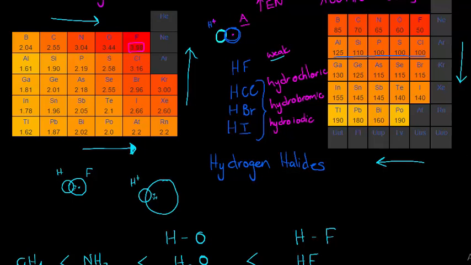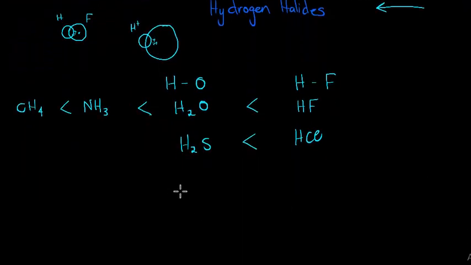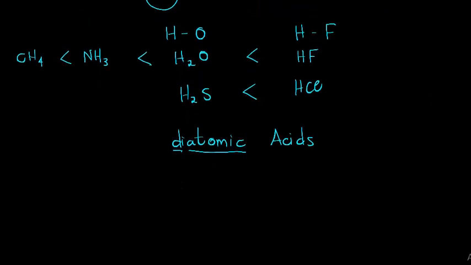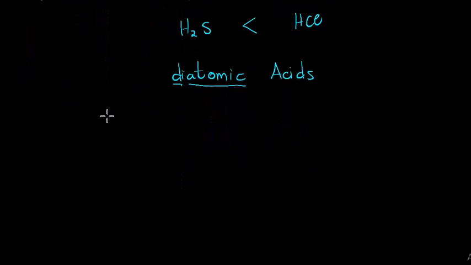So I've been looking at diatomic acids. Diatomic acids, in other words, di being two, two atoms making the bond to form the acids. Now let me just get to polyatomic acids.